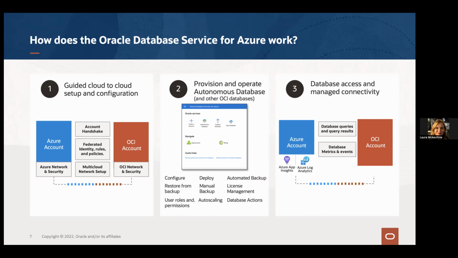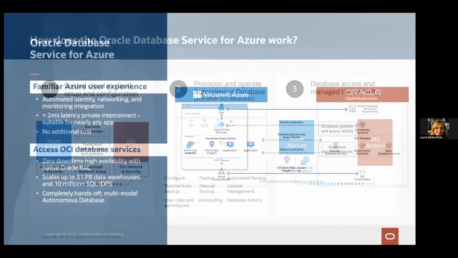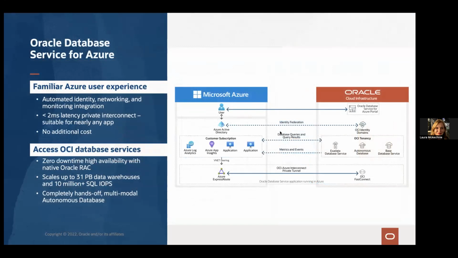So all you have in OCI side in this model is the database, and everything else resides in Azure, and you connect your clients on Azure to the autonomous database, and you monitor the autonomous database again using your Azure services.